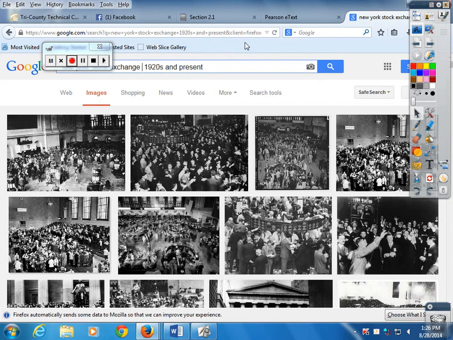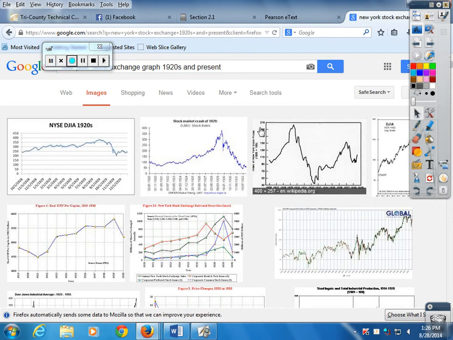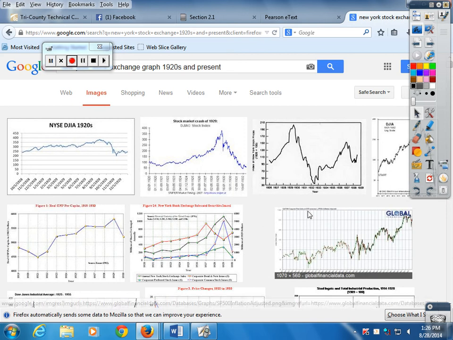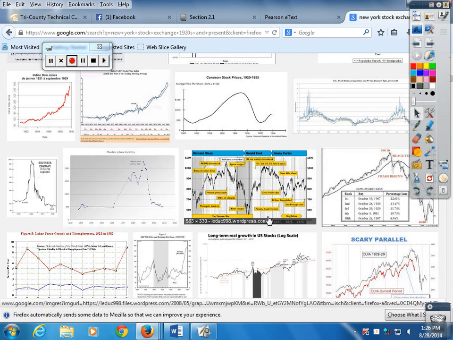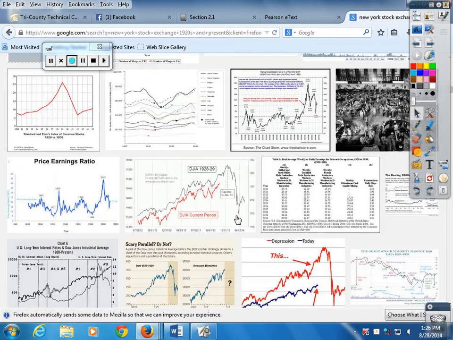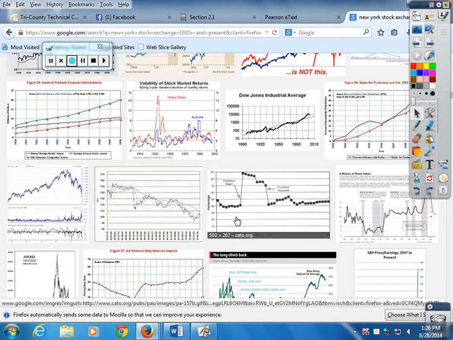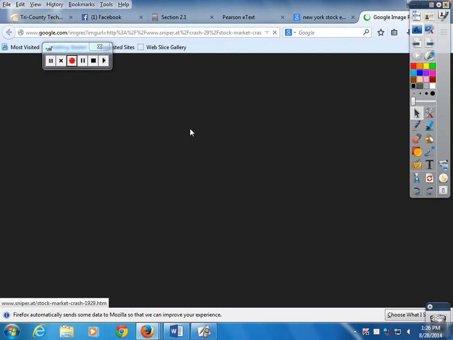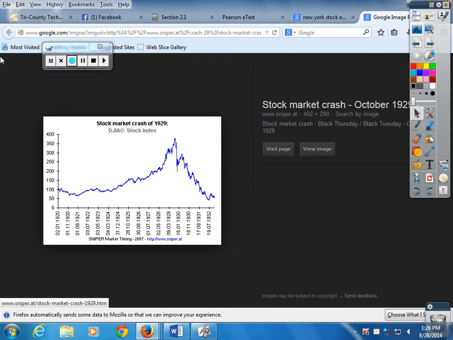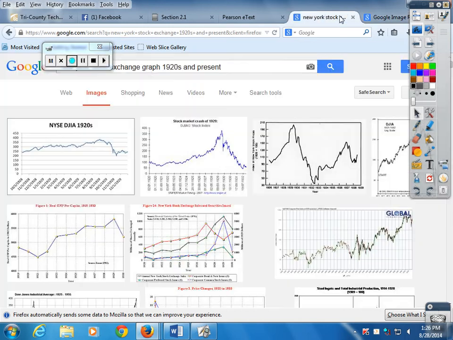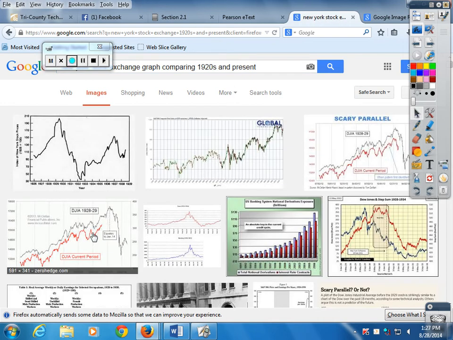Graph. It's something like this. No, that's Australia. Comparing, good gracious, where did that come from? Comparing, graph, comparing. Here it is.